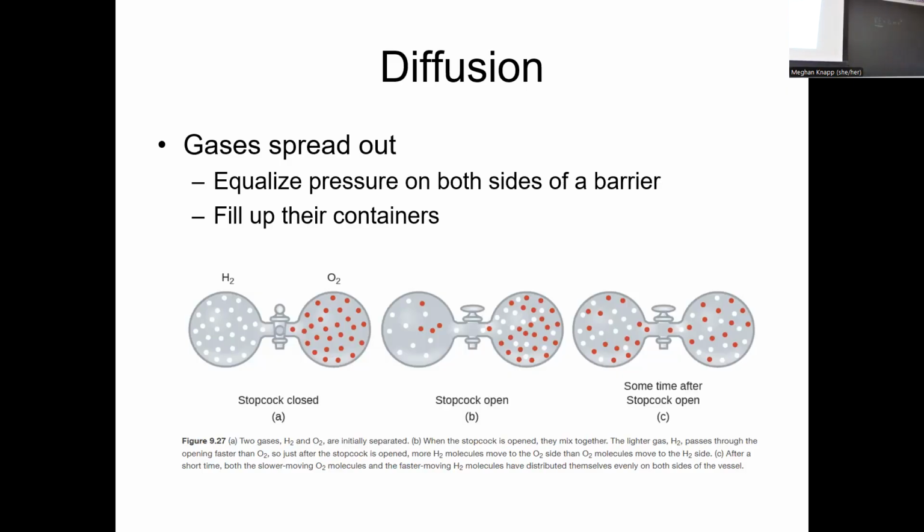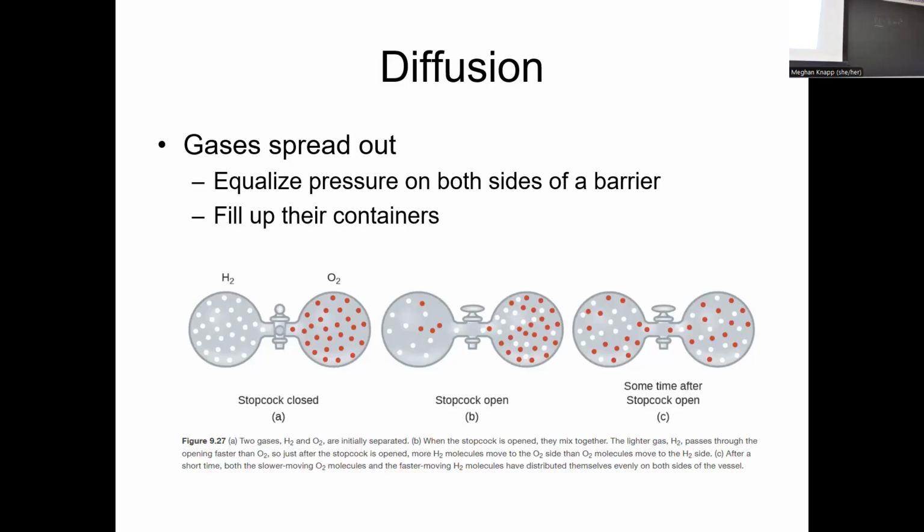So diffusion is about both them spreading out, but also how fast that happens. As we look at this, we're going to see the hydrogen is going to move more quickly into this side where we see lots and lots of the white over on the right-hand side and just very few of the red on the left-hand side.